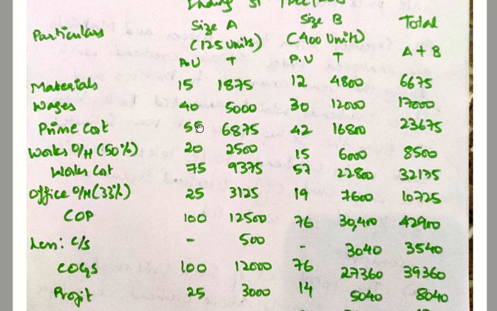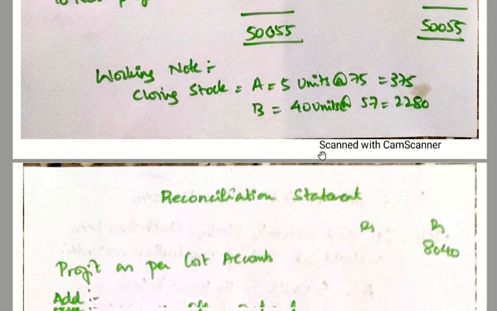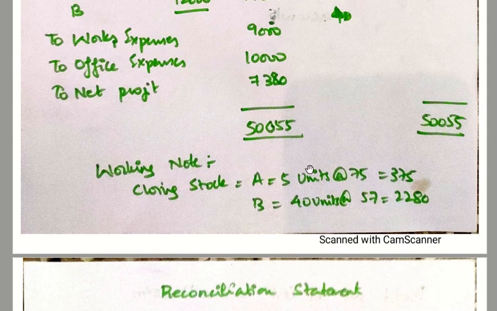So 15 plus 40 plus 20, which is equal to 75. And for size B, the per unit value is 12 plus 30 plus 15, which is your works overhead. You get 57 rupees. So basically the per unit cost is 75 for A and 57 for B, which I have told you, wages plus material plus works overhead.